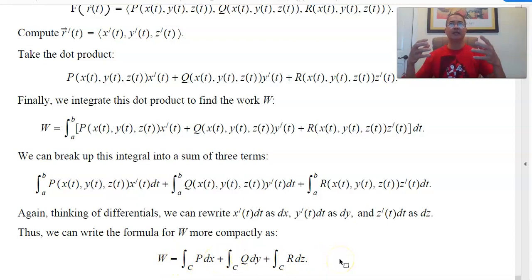If you actually split up your force, instead of a single person pushing or pulling your object, you have 3 people. One of them pulling only along the x, one only along the y, and one only along the z, pulling upwards. Those 3 people are sharing the work, the total work done by F to move your particle from one point to another. So for our final example, we're going to compute one of these 3 integrals.